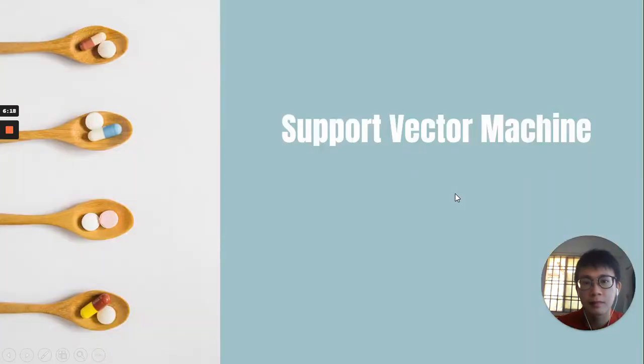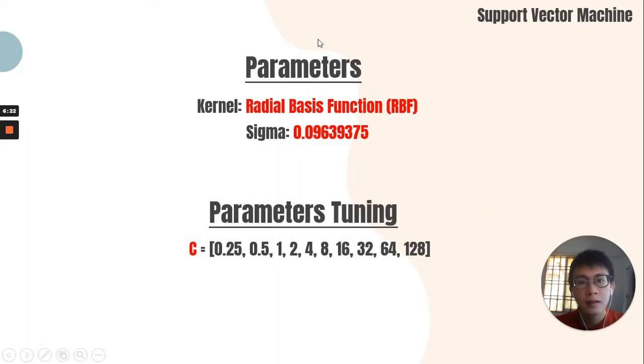So now let's look at support vector machine. We perform parameter tuning for support vector machine, and we use the radial basis function as the kernel. Why? Because we believe that our data has a non-linear relationship with the target. Based on our data exploration, we believe that the radial basis function will fit better than the linear function.